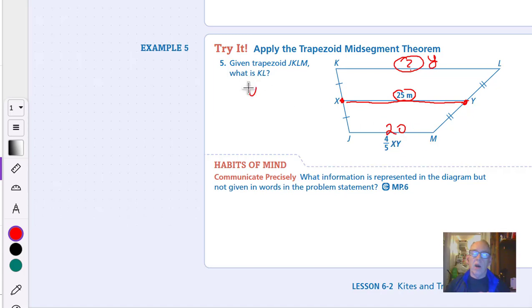Basically, we've got y plus 20, which are the two bases. We call this a base, and this is a base. And if we divide by 2, we're taking the average of the bases. And that's the mid-segment length.